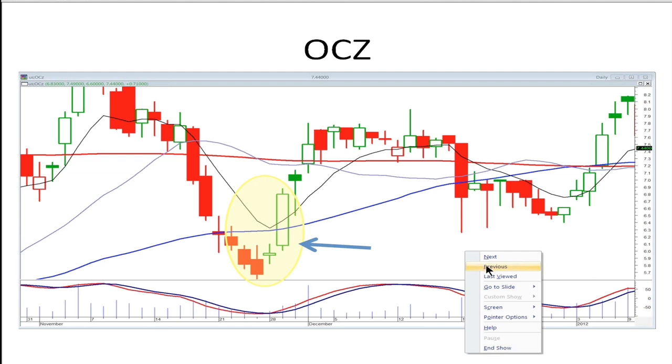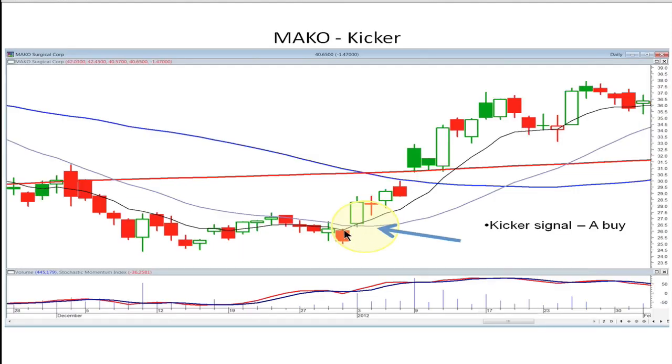This was the flutter kicker signal. Notice how we had an open here and a close down here. The next day, they gapped the price up to where it opened above the previous day's open, and the price went this way. That tells you the sentiment, which was going this way, has now been kicked in that direction.